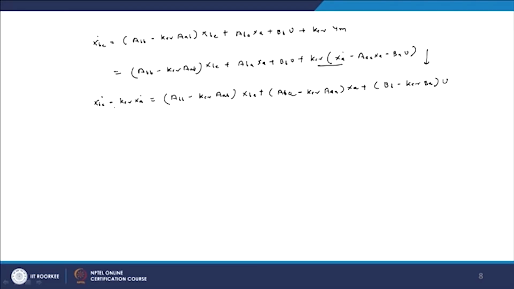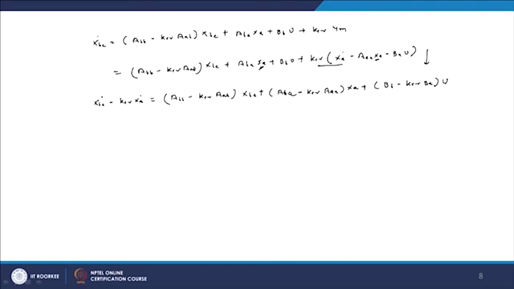So, XB dot minus KER into XA dot in bracket, this ABB minus KER into AB into XB remains the same. Here XA is common, so we have taken XA common and the elements we have written as ABA minus KER into AA, plus BB minus KER into BA into U.